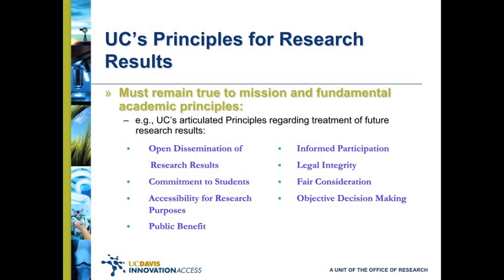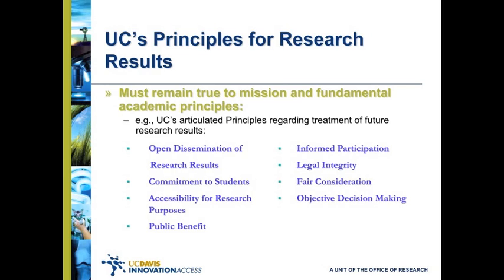Introduction. University of California's principles for research results. The University of California, like all public institutions and most private institutions, shares a mission of public benefit for research and education. The academic principles outlined below describe fundamental principles to which all research and all intellectual property and licensing must adhere.